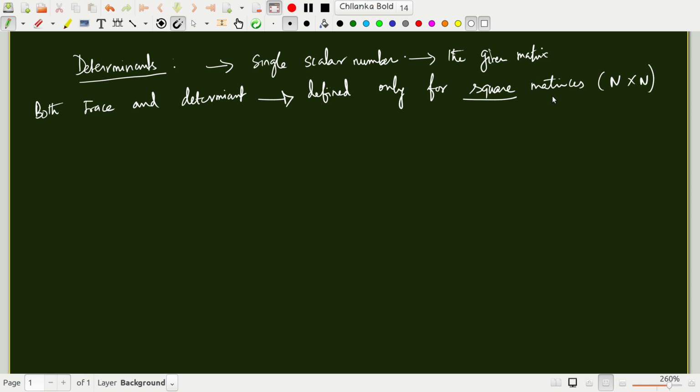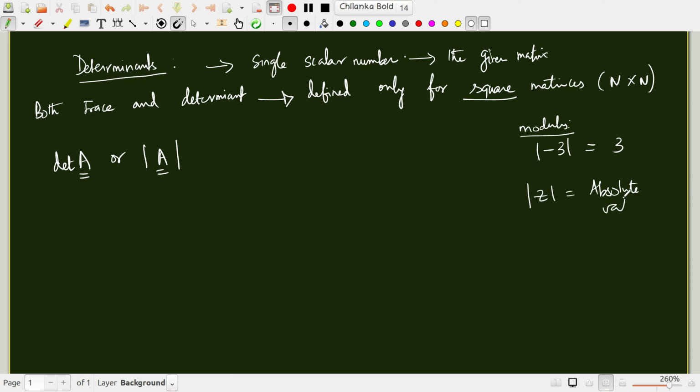So the determinant of A is denoted as det A, or simply with vertical bars. This symbol has different meanings in different contexts. For example, we say this is modulus of -3. We can simply use this in real numbers. In complex numbers, we use this to represent the absolute value of a complex number.